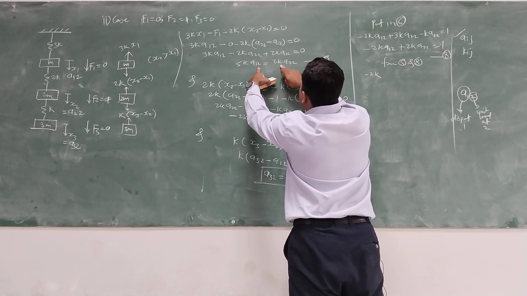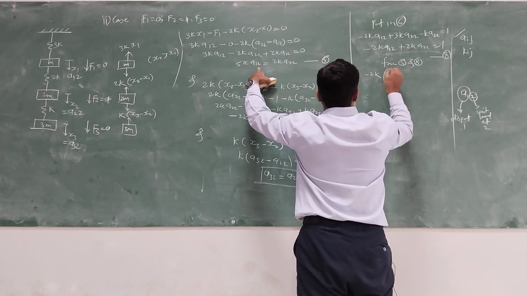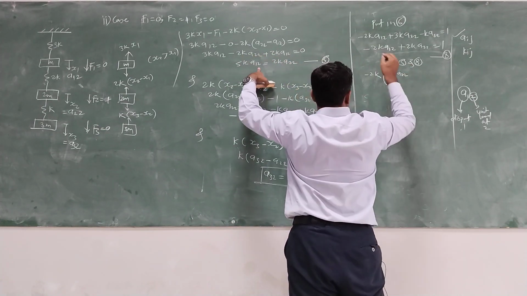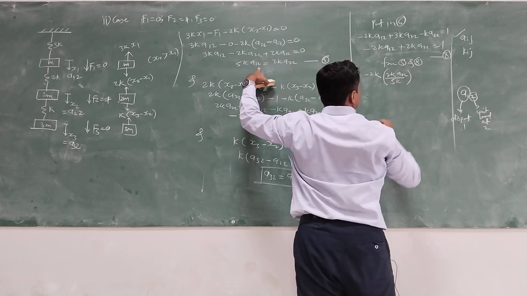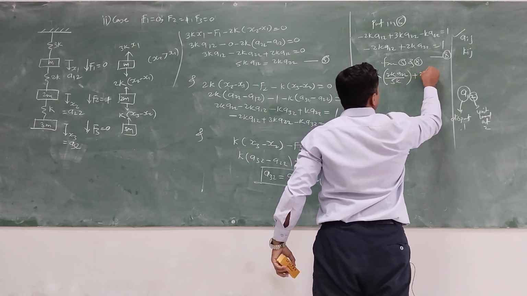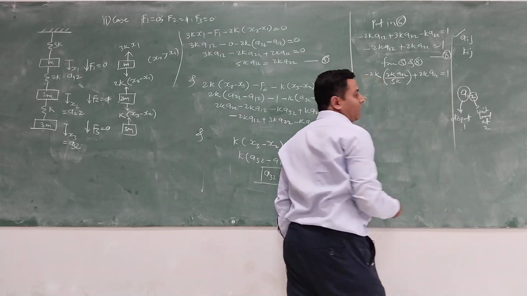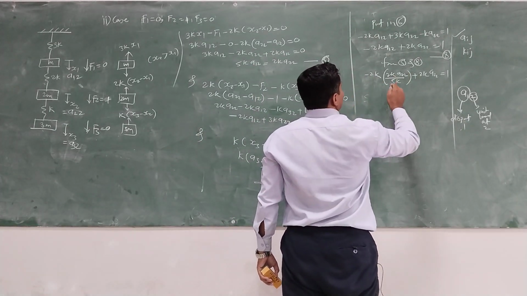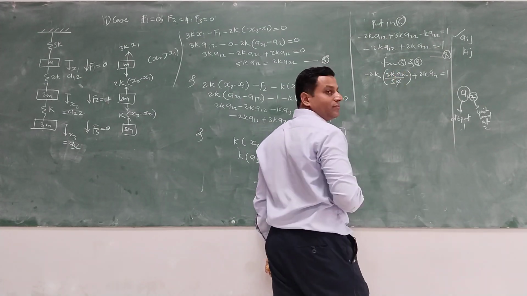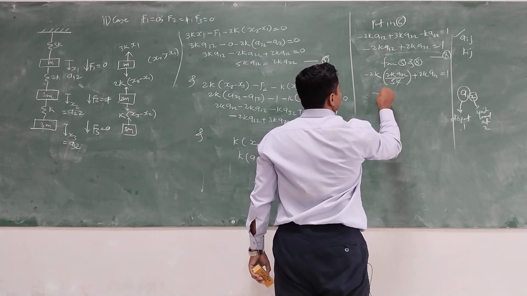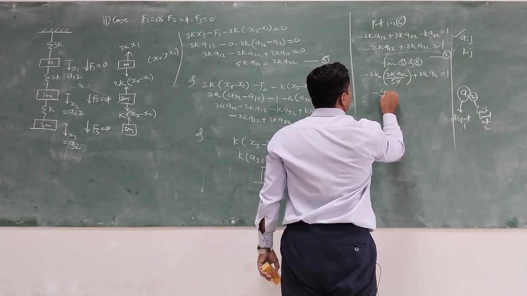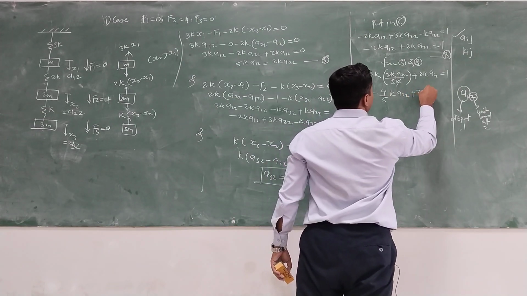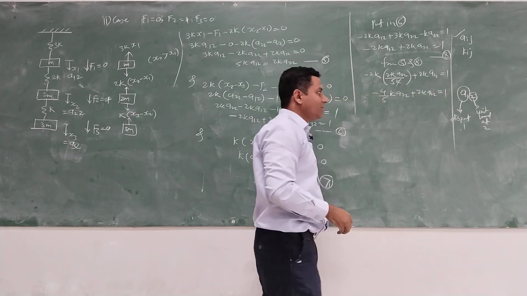So A12 will be equal to 2k A22 divided by 5k plus 2k A22 is equal to 1. 1k will get cancelled. So this will become minus 4 by 5 k A22 plus 2k A22 is equal to 1.